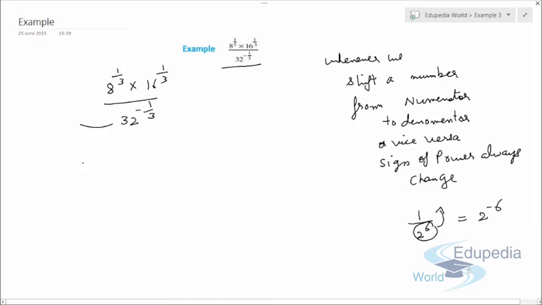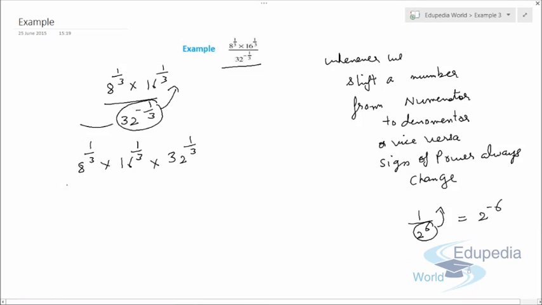So in this question it can be written like this: 8 raised to power 1 by 3 into 16 raised to power 1 by 3 into 32 raised to power 1 by 3. So we are shifting this number to the numerator, so the power will become positive.